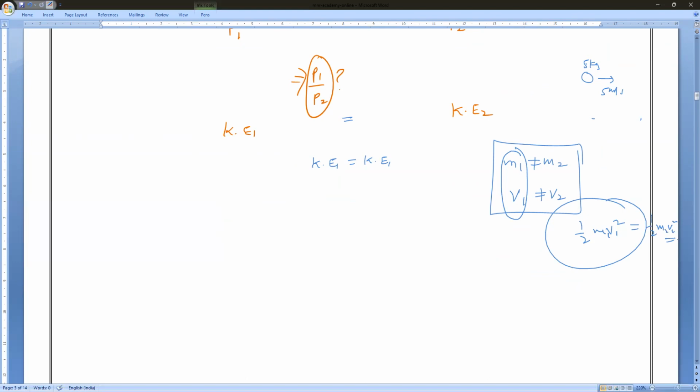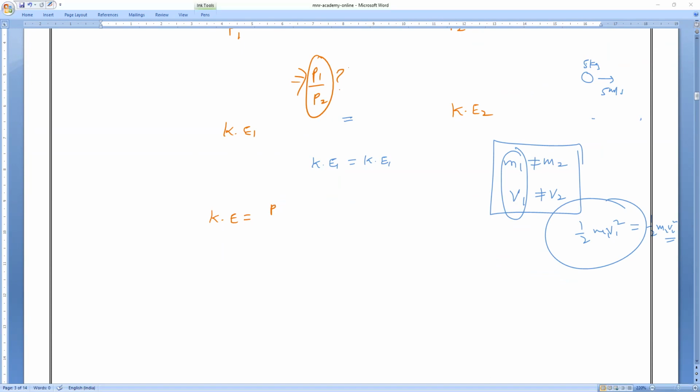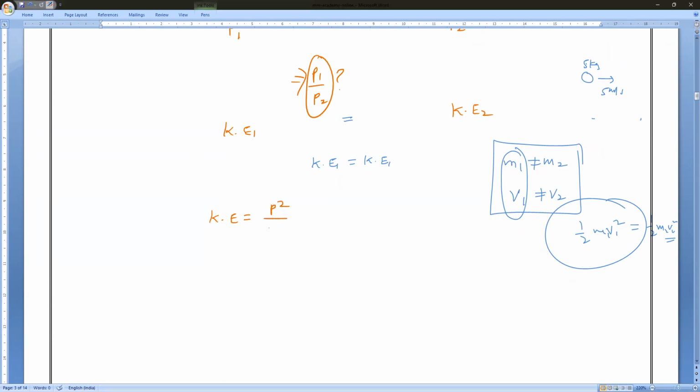As Nivedan said, kinetic energy equals P square by 2m. Very good, Lingesh. So from that, P equals root over K into 2m. Will you all agree with me? This is our general formula.